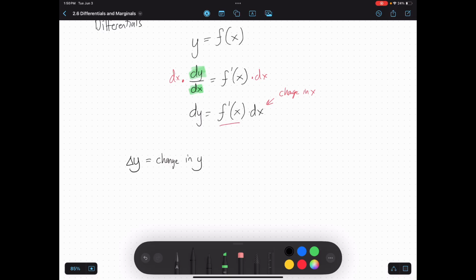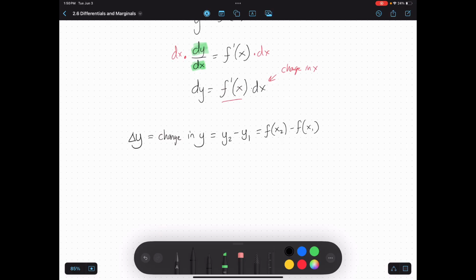And we can actually calculate this straight out. I can just take my new y value and subtract my old y value. Or if y is in function notation, I can do f of x2 minus f of x1, where x2 and x1 represent your original x value and your new x value after you tweak it. Because the idea is I'm tweaking that x value and changing it slightly.